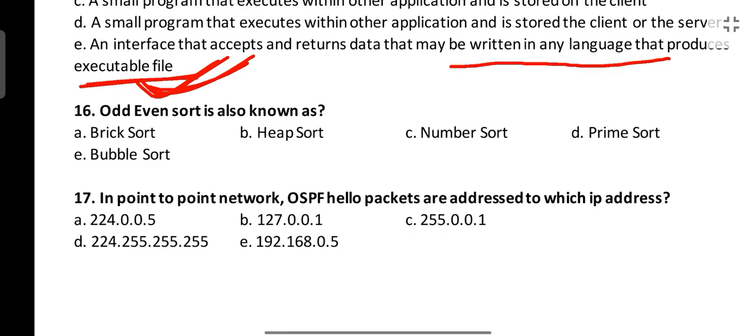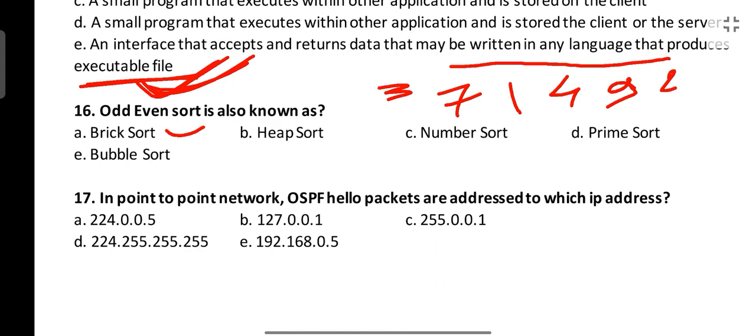Odd even sort is also known as brick sort. So what is odd even sort? Suppose we have some numbers given: 3, 7, 1, 4, 9, 2. It will have two parts. First it will have an odd pass, second an even pass.